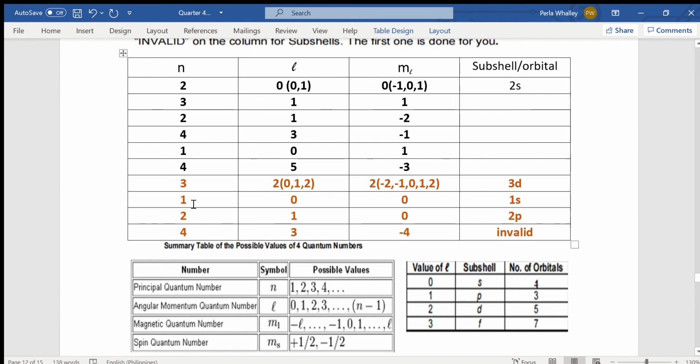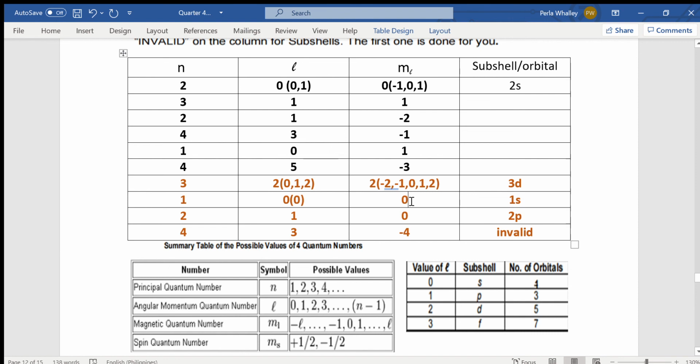For the next example, n is 1. Can 0 be valid? Remember, L could be what? 0 and then n minus 1. N minus 1 is 0. So we only have one L, so that is 0. So 0 is valid. How about M sub L?